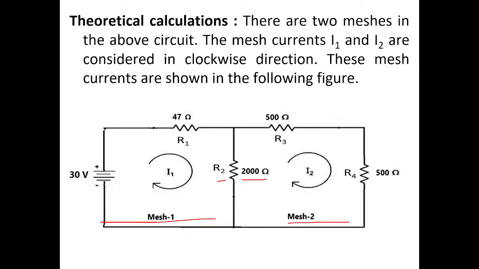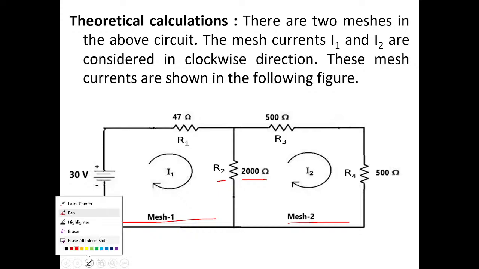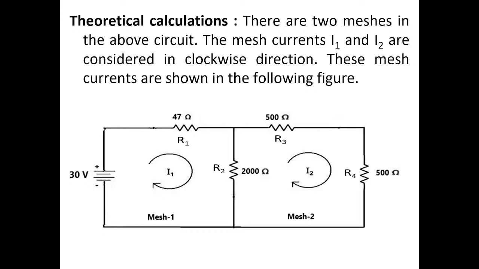Carefully observe the current directions, the I1 current and I2 current. The I1 current, beside R2, is downward. And what about the I2 current beside R2? It is upward, isn't it? If you complete this path, the current will flow like this.